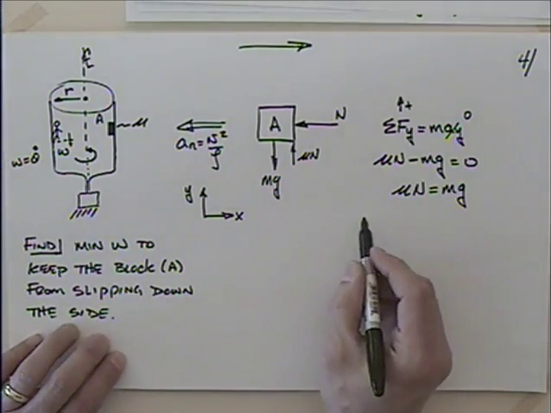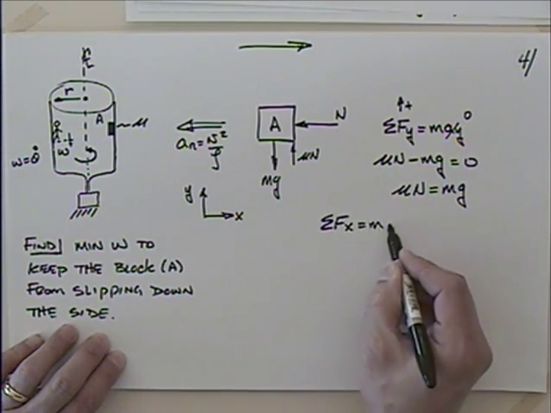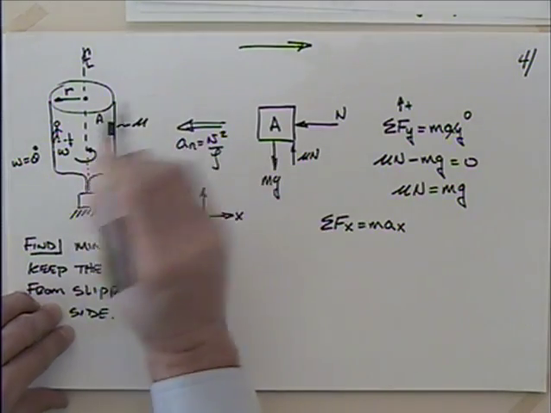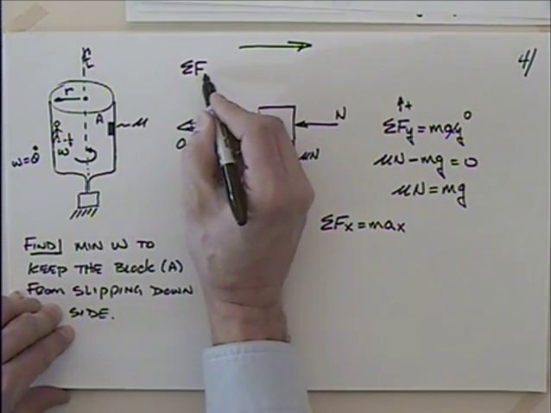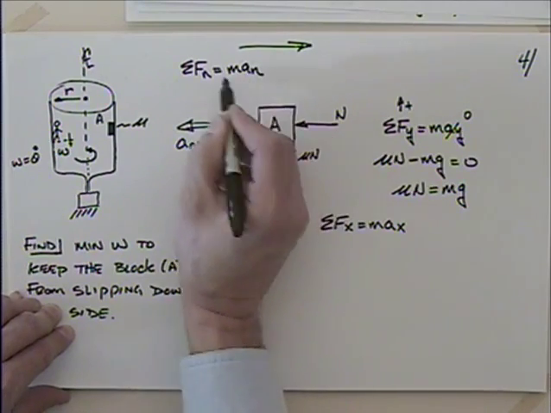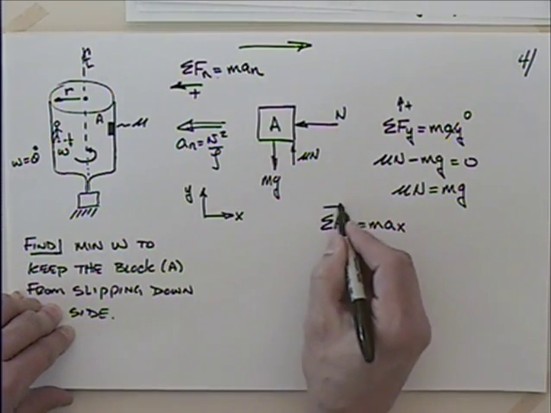Now I'm going to talk about the sum of the forces in the x direction is equal to mass times acceleration in the x direction. And if you wanted to, you could turn this thing around and talk about the sum of the forces in the normal direction is equal to mass times acceleration in the normal direction. That would just mean that I was going that way, right? Here I'm just going the other way.